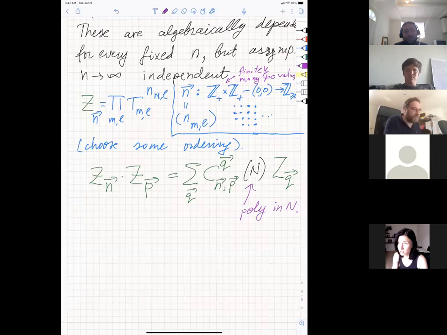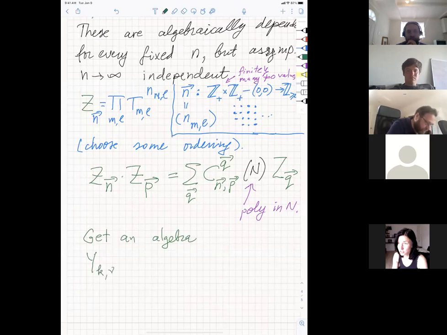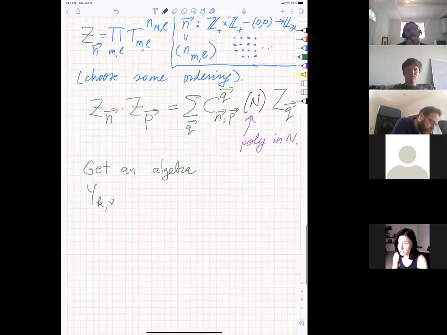There is also an elementary way to see it, but in any case, that algebra will be independent. So we get an algebra, which I will call Y_{k,ν}, where ν is this variable n, but viewed as a complex number.